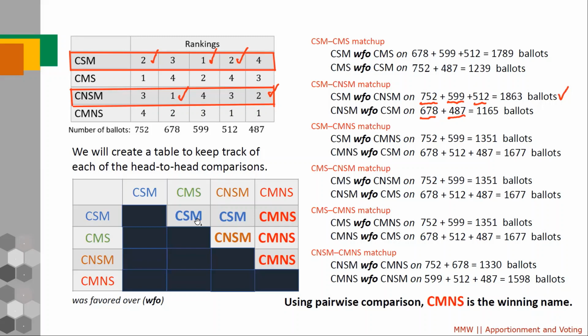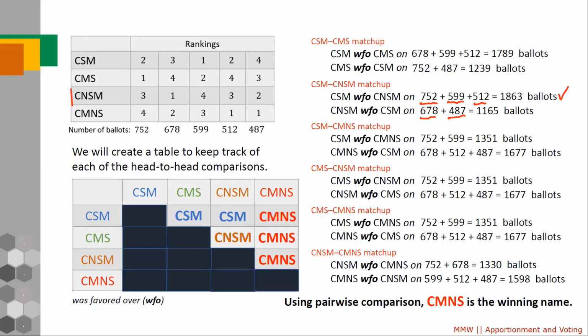Next, CMNS and CSM. Who wins between them? In the 752, CSM. In the 2 and 3 rankings, CMNS wins, so the 678 goes to CMNS.